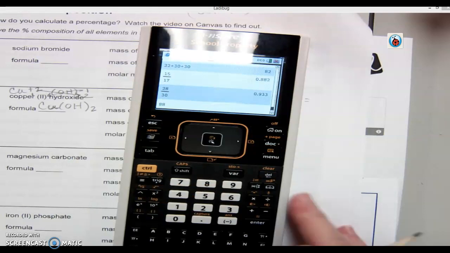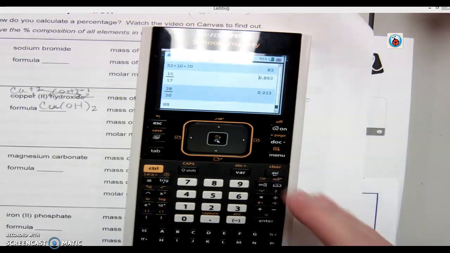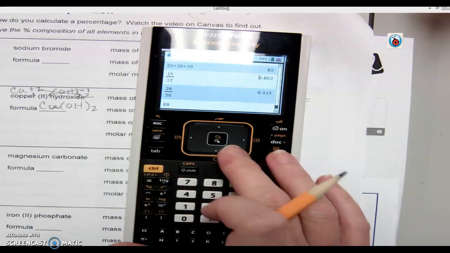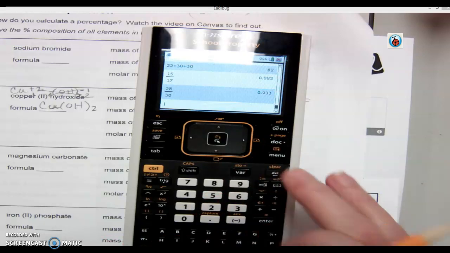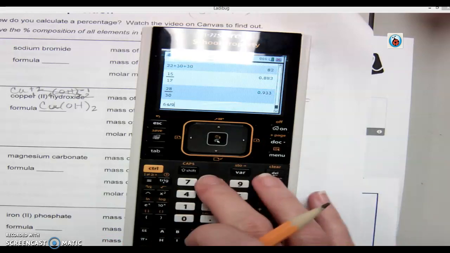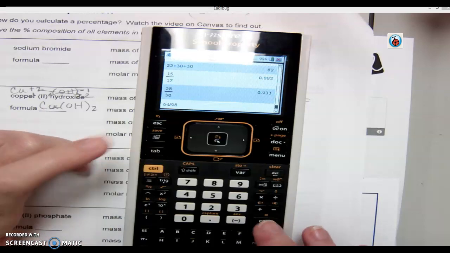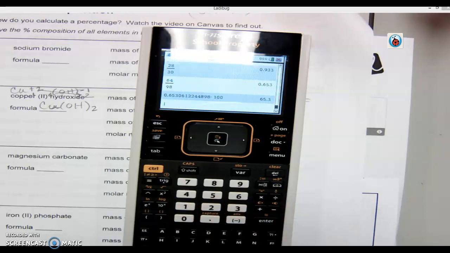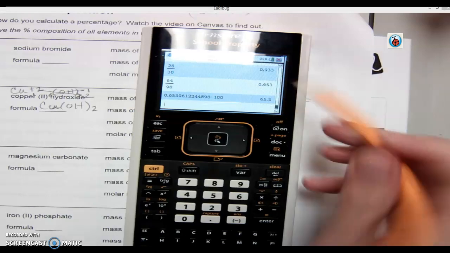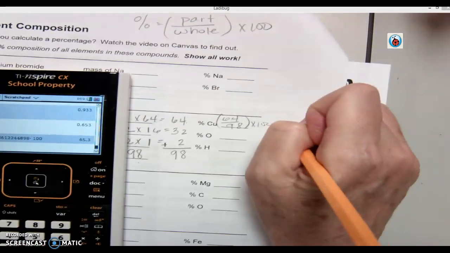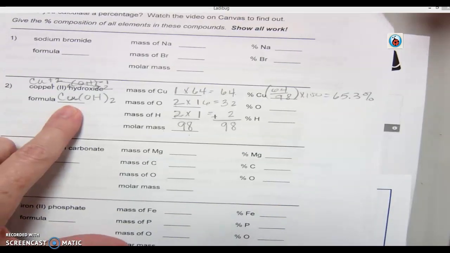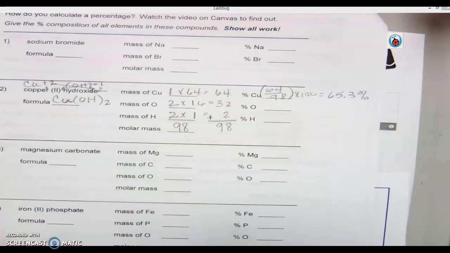We've got 64 divided by 98. If you're on these calculators, Control Enter. And we're going to do times 100. Okay, so 65.3% of this formula contains copper.